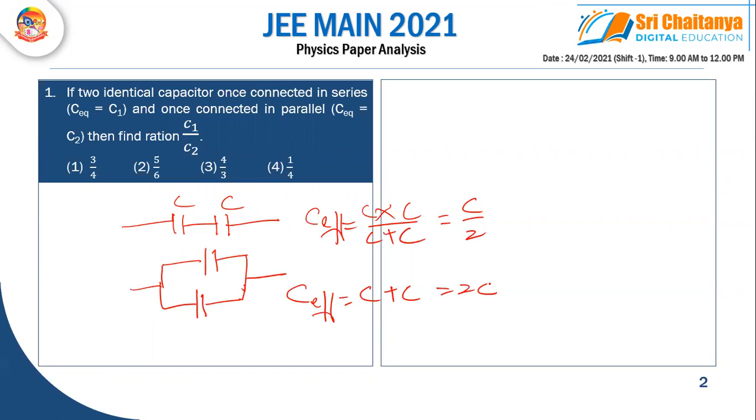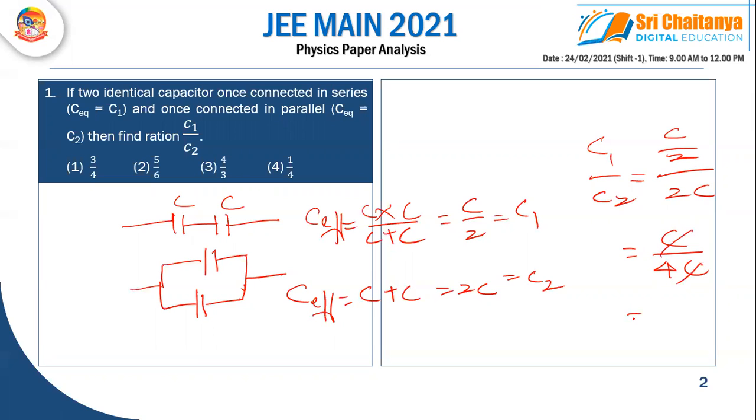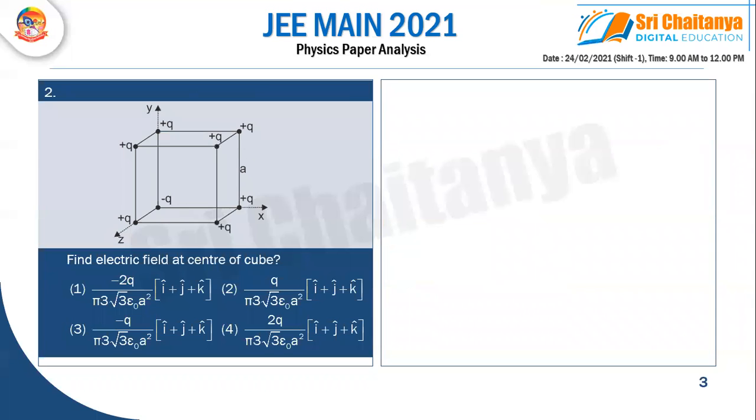Now he is interested in the ratio, and if I take this as C1 and this as C2, C1 by C2 is equal to C by 2 by 2C. Now this will be C by 4C, and I'm going to get 1 by 4, and this is the right option. So we'll move on to the next question, please.